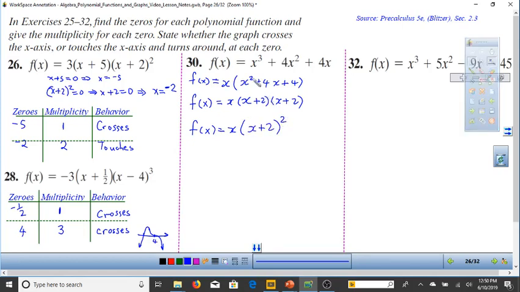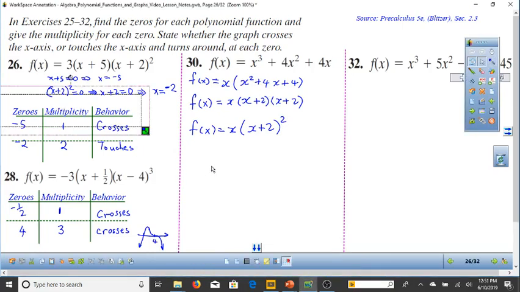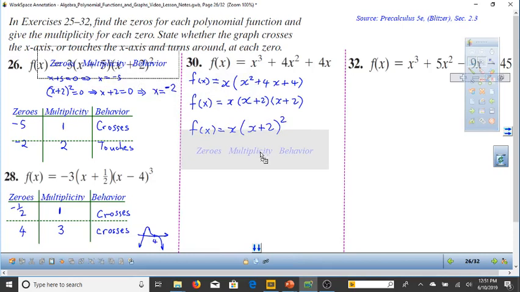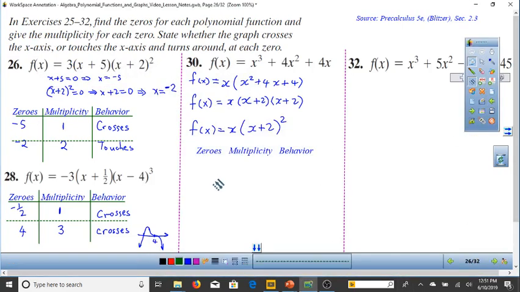And then, as you can see now, the polynomial has two zeros, and we can deal with those multiplicities again.